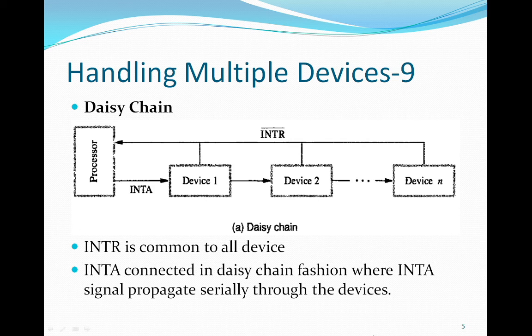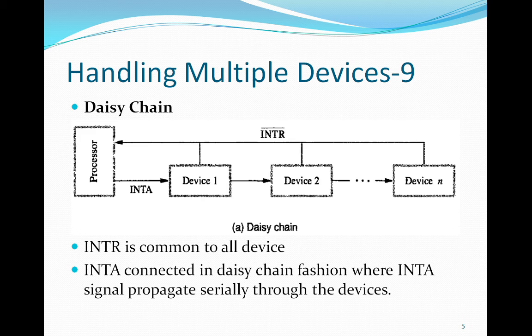In this scheme, the devices are connected to form a daisy chain, which is shown in this figure. It forms a type of chain, so you can name it a daisy chain.